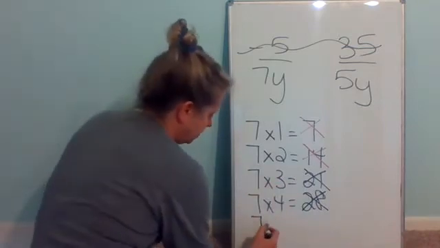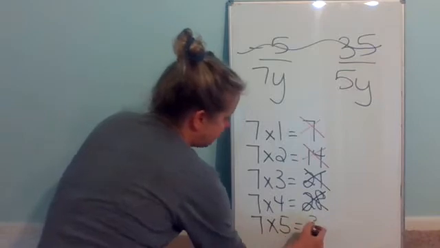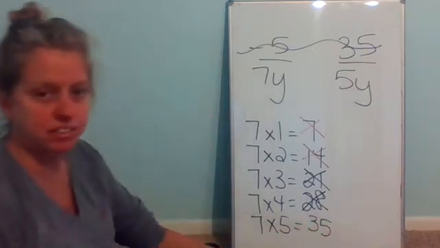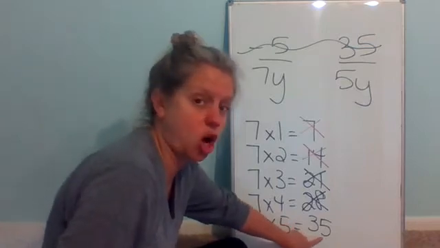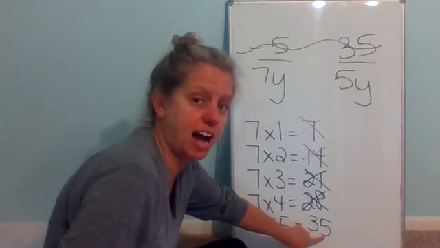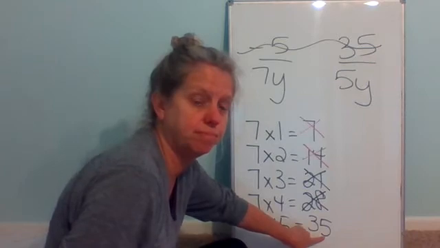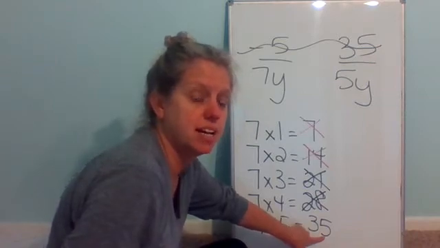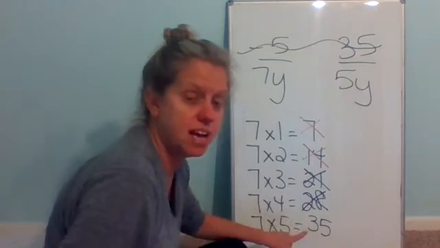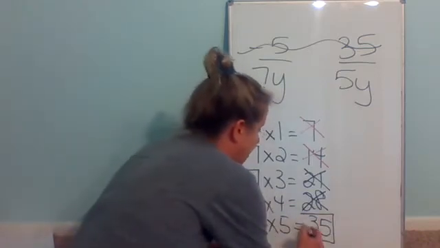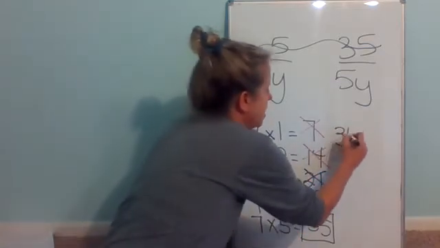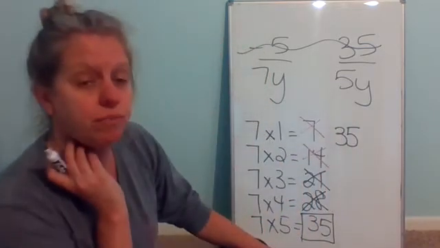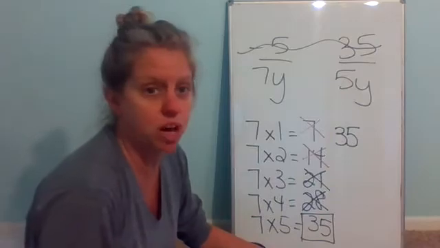Let's go higher. 7 times 5 is 35. Does 5 go into this? 5 goes into all numbers that end in 5, which means 7 goes into it, and so does 5. So 35 is the number part. 35 is the smallest number that 7 and 5 will both go into.